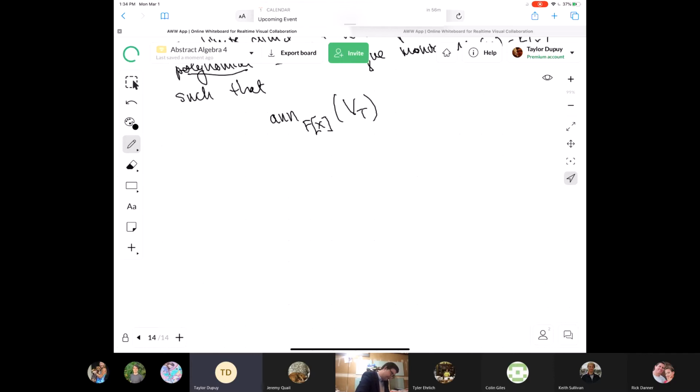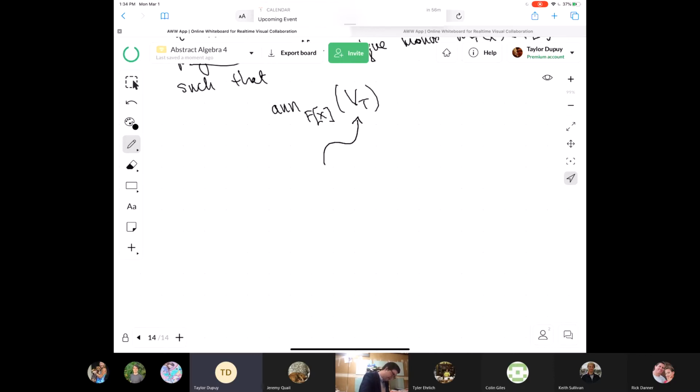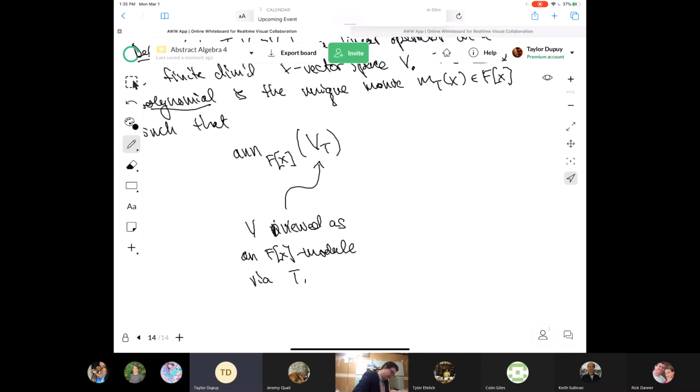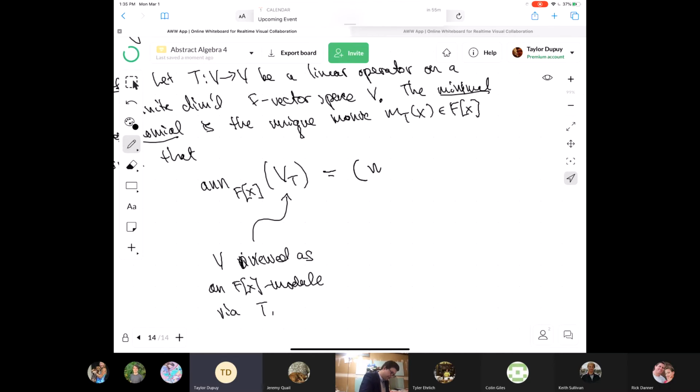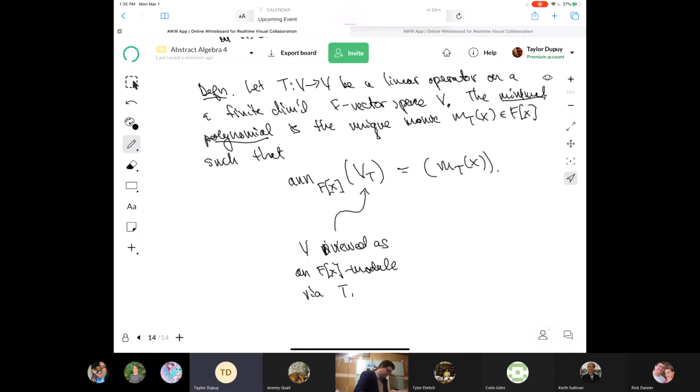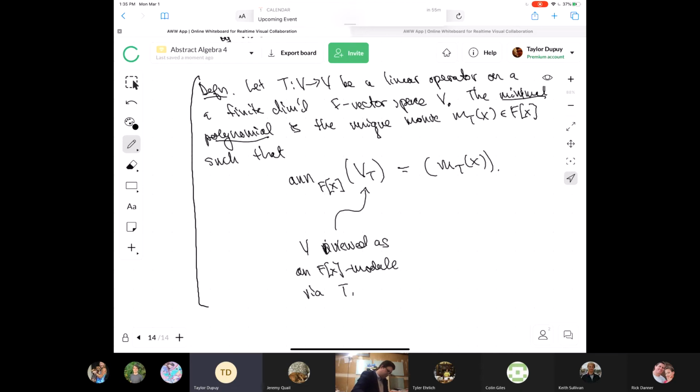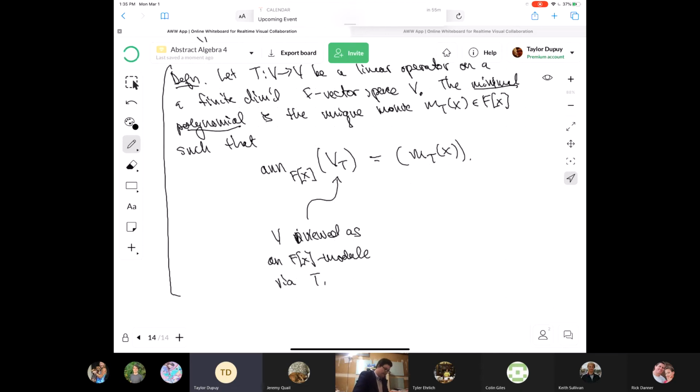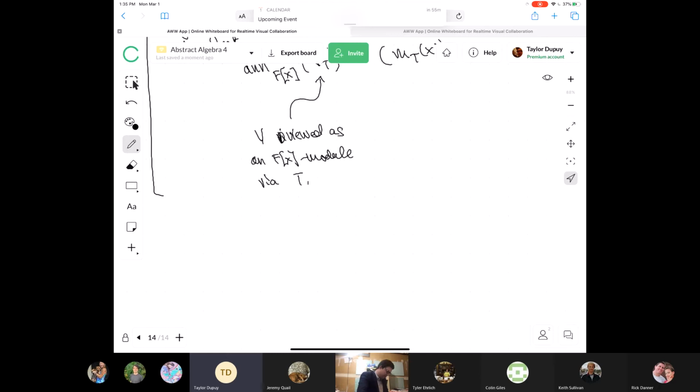Okay, so this is V viewed as an F[x] module via T. So this thing is generated by the minimal polynomial. Okay. So another way to say this, let me make another remark.